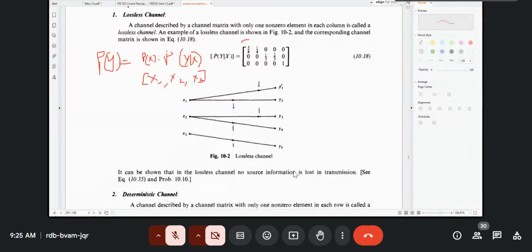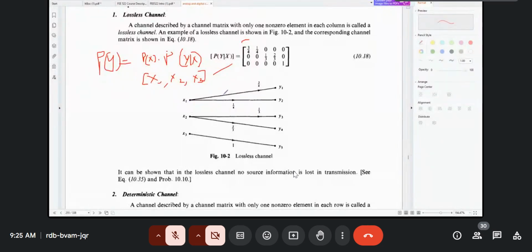That is, y1 is simply 3/4 times the probability of x1, because you are multiplying this with this. And y2 is a quarter of the probability of x1.